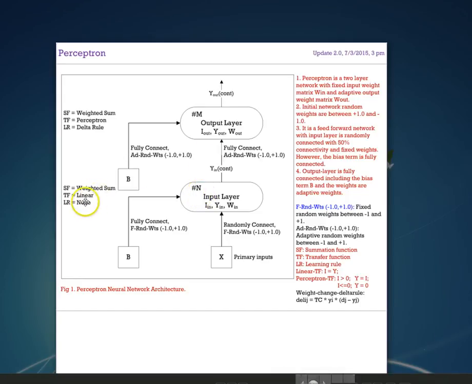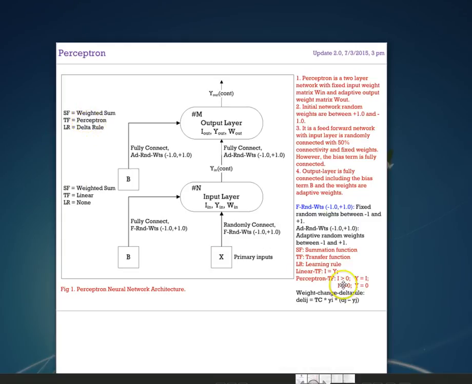The input layer uses a linear transfer function. Linear means y equals I, so there is no modification done, whereas the output layer transfer function is a perceptron.